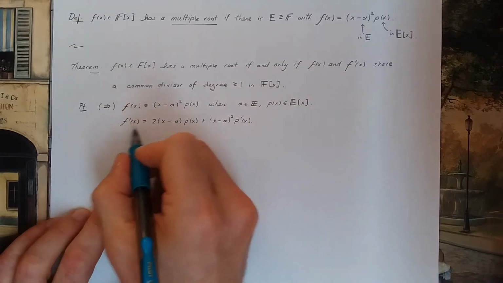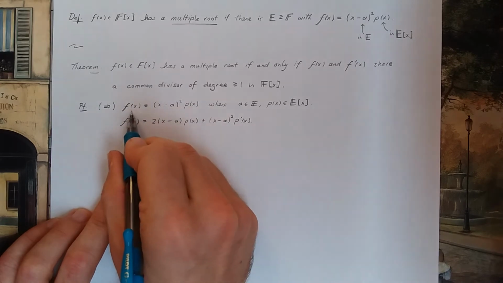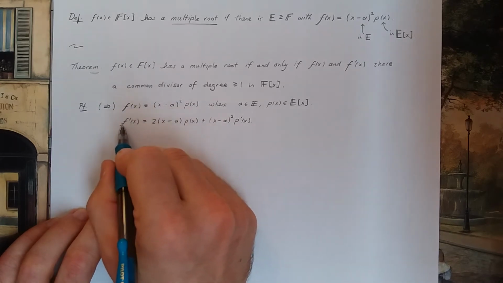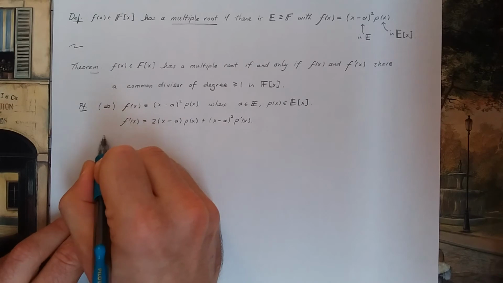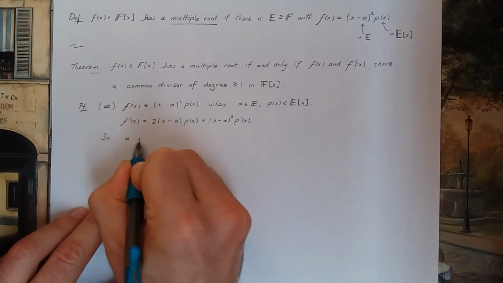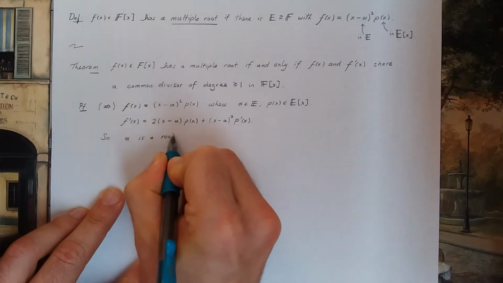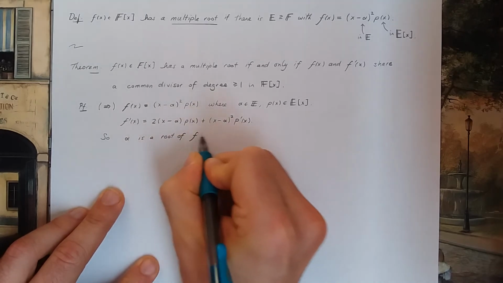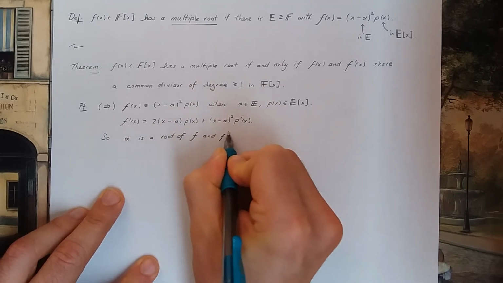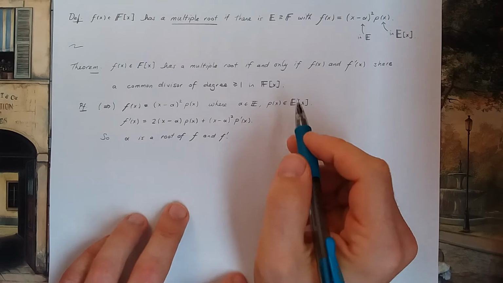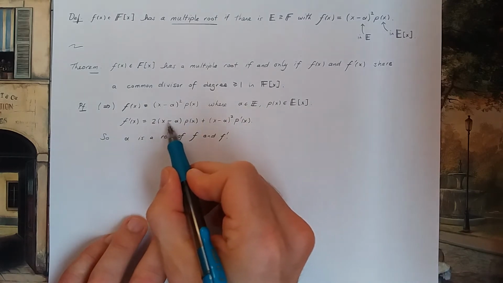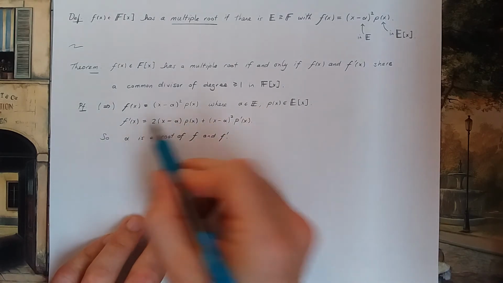So alpha is a root of not only the function f, but also the function f prime. So alpha is a root of both f and f prime. You could see that because plugging in alpha for x here gives me 0.